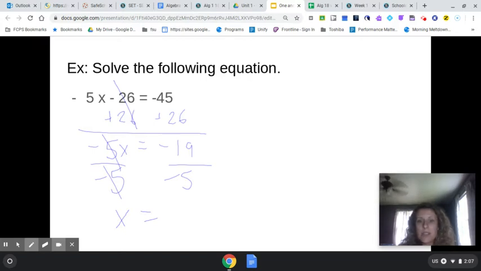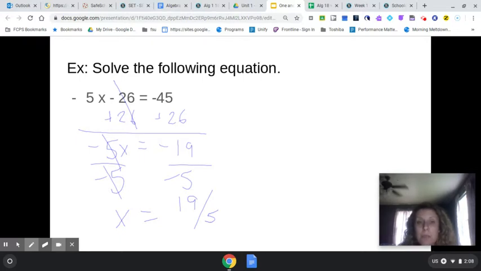Notice, guys, the negative 5 does not divide evenly into negative 19. I can simplify the signs. Negative divided by a negative makes a positive. But then 19 divided by 5 doesn't go evenly. So I am just going to leave that as an improper fraction. 19 over 5, or 19 fifths.